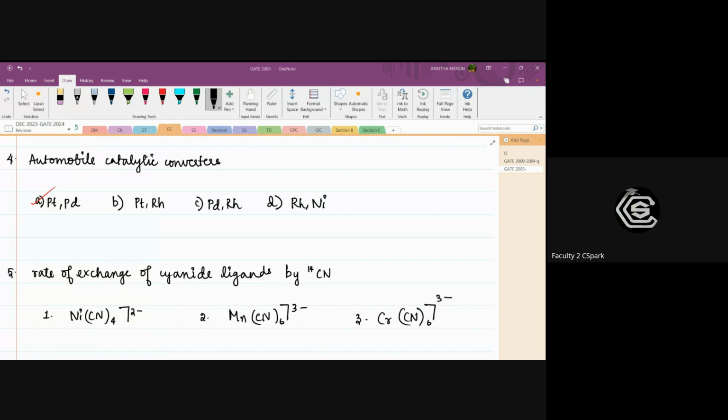So first of all, find the oxidation state of all of them. You find the d electron configuration. Find which of the following are inert. Those which are inert won't undergo the exchange reactions so quickly. If labile, they will undergo. So again, I had already told you the conditions for inert and labile.